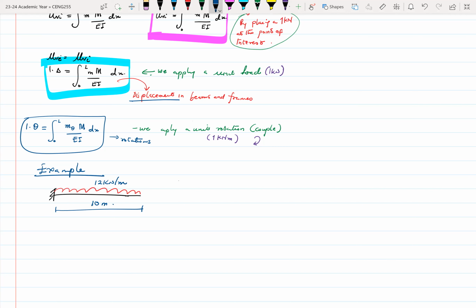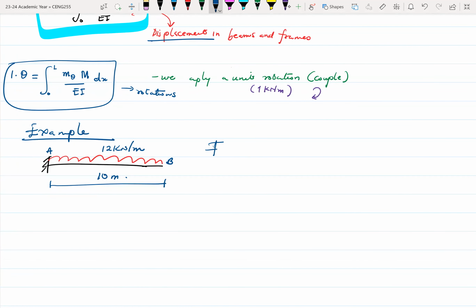Let me label this. This is A and this is B. Let's say we find the vertical displacement at point B. We know that generally from the moment area method, for a cantilever, the displacement at that point is PL cubed over 3EI, I believe, right?